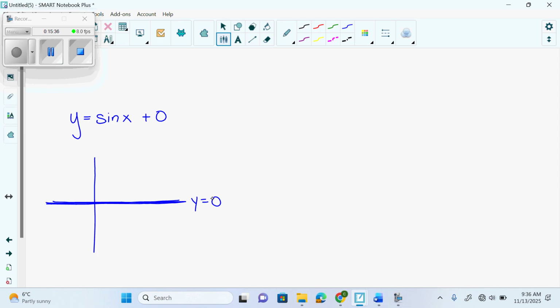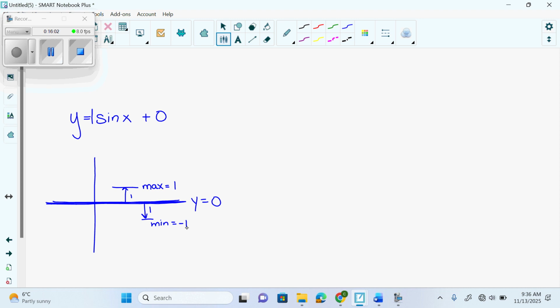Okay, what's my amplitude? 1 in this case. So I would go up 1. And I'd max at what? I'd max at 1, right? And then I would go down 1 because my amplitude is 1. Remember, it's half the vertical distance. So my min would be at what? -1, right?